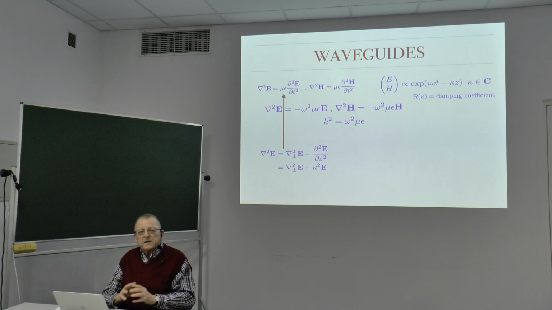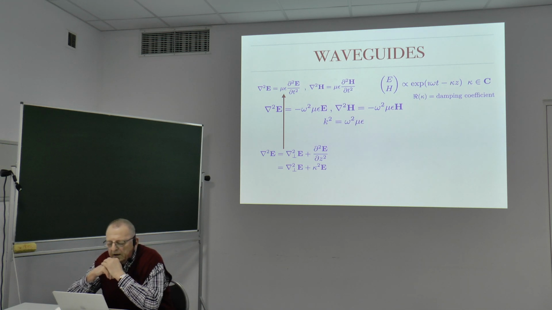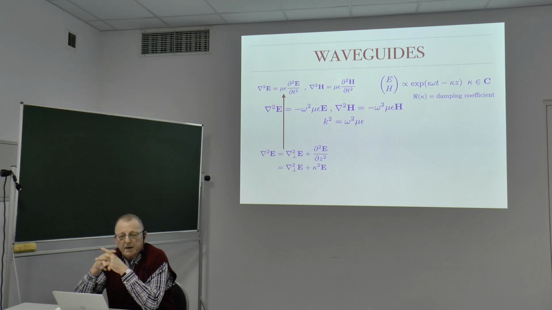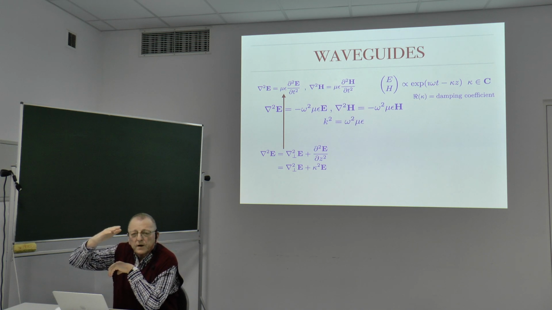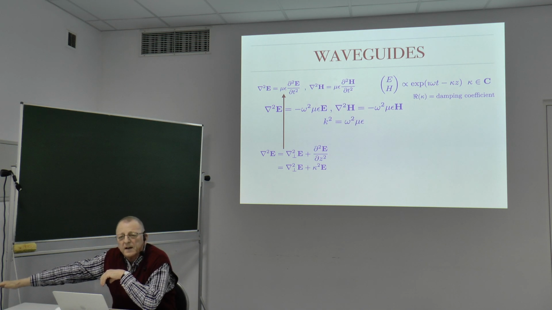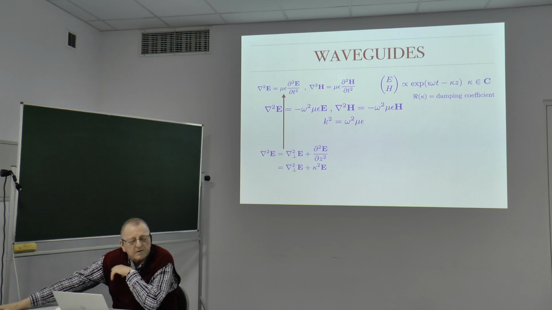And the real part of that coefficient, which is this fancy letter R in LaTeX, is a damping coefficient. Because if kappa is real, then that is the way the solutions for electric and magnetic field decay when you move in the z direction.